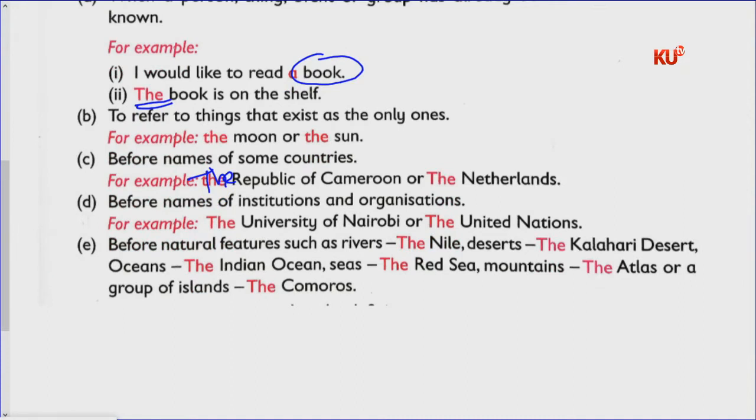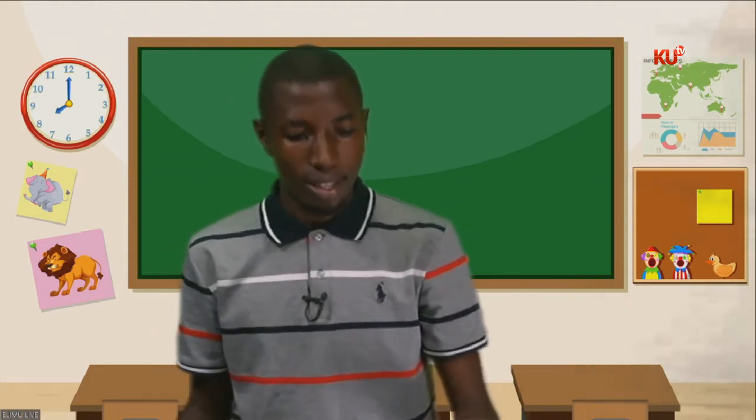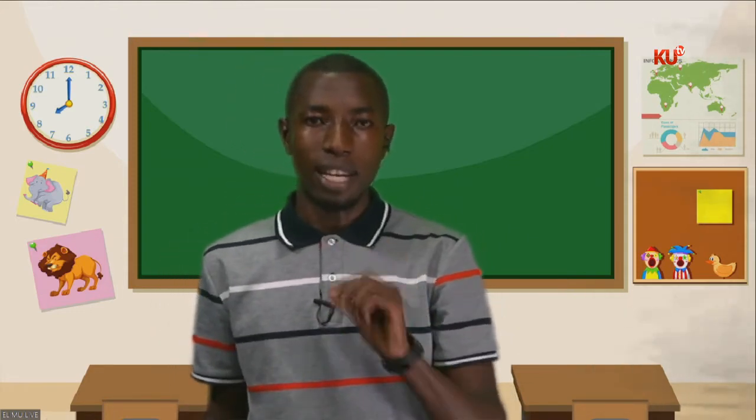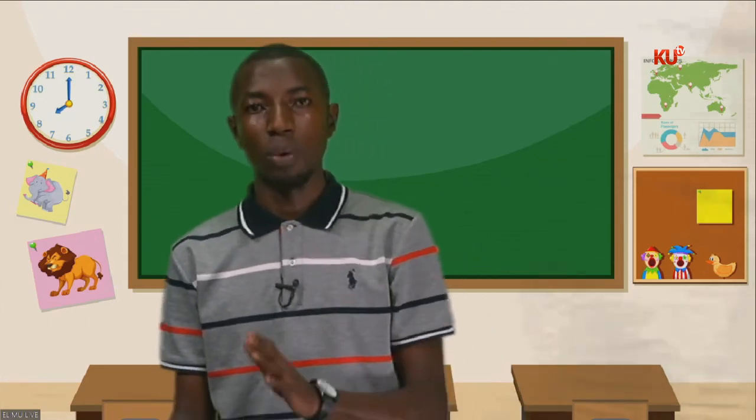I said, when a person, thing, event, or group has already been mentioned, for things that exist as one, before countries' names, before institutions or organizations' names, before natural features such as rivers, lakes, oceans, mountains, and many other natural features.